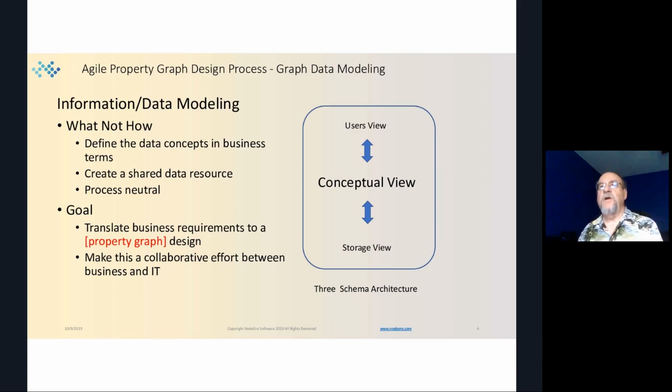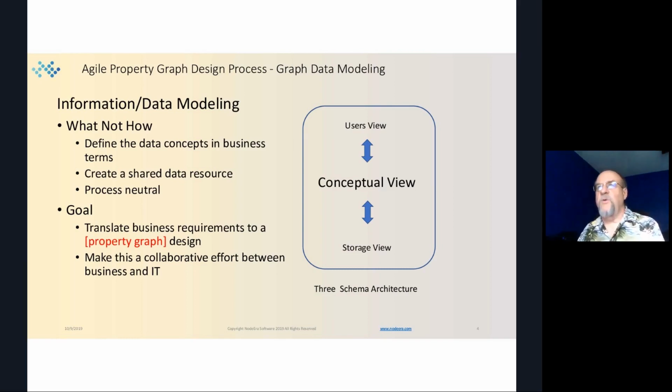And we want to do this in business terms to the extent that's possible. And our goal is to create a shared resource. So the only way you can do that, have a data model that really can be shared, is it has to be process neutral.